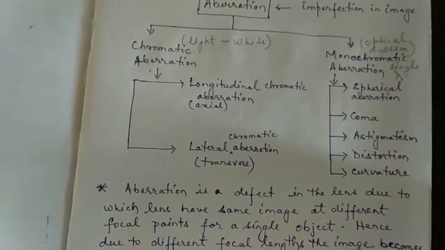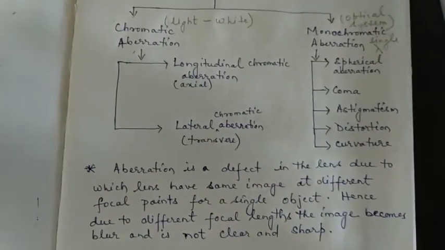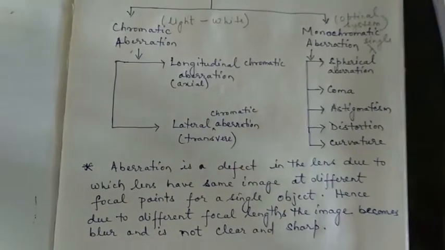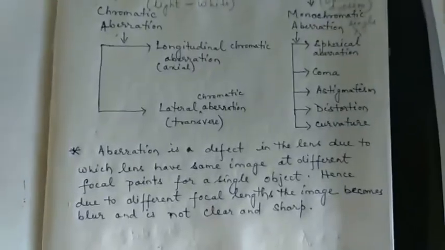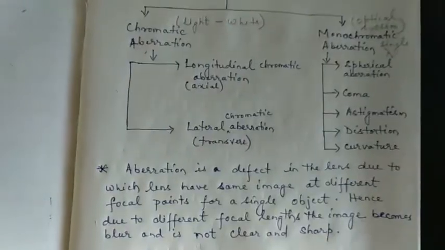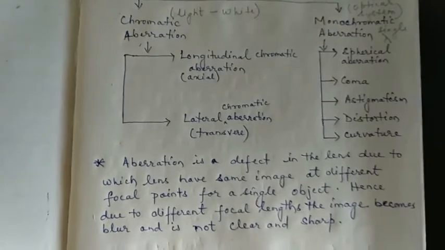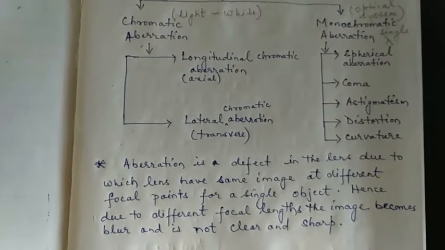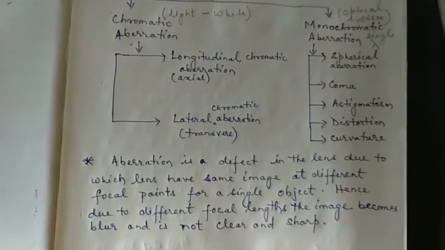Whereas in a real optical system, we don't observe that. So that's why we have aberration in the lenses. To minimize these aberrations in the lenses, or to get rid of them, is quite expensive for the manufacturer.